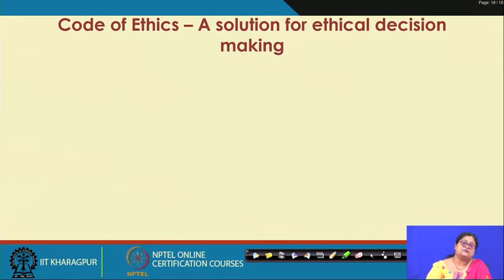Then we discussed the creative solution, where you try to find a middle path. If there are more moral dilemmas and conflicting situations, then we go for analysis at the factual level, conceptual level, and moral issues level.